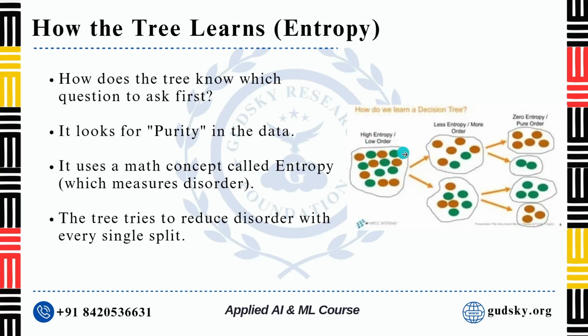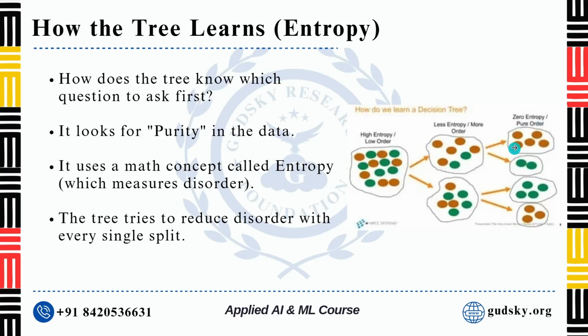Then from the total number of orders, from the first people in a shop, it uses different, specific questions to put them in proper order, in pure order with zero entropy. Here you can see this is the root node, these are the internal nodes, and then these are the leaves where we can see it's with zero entropy, pure in order.